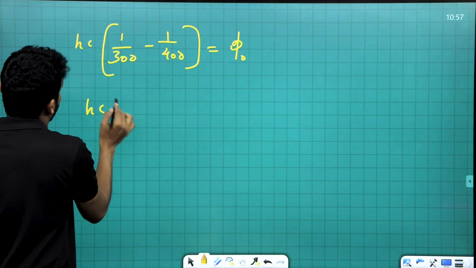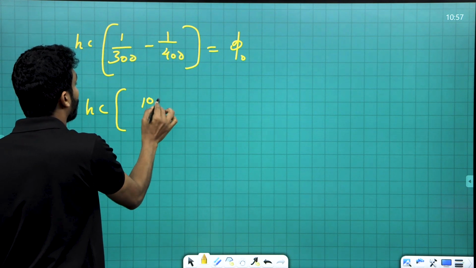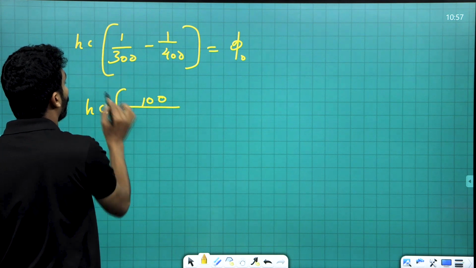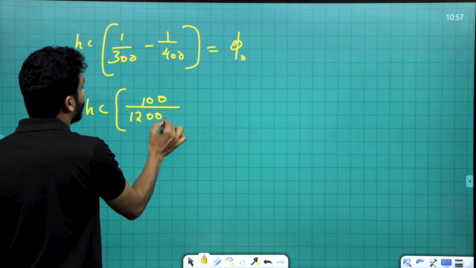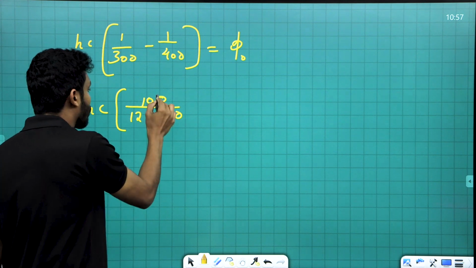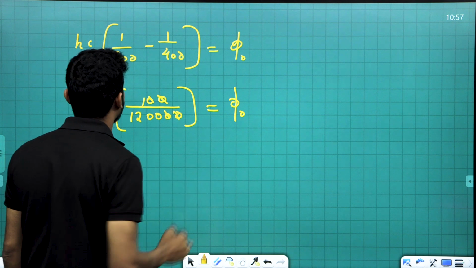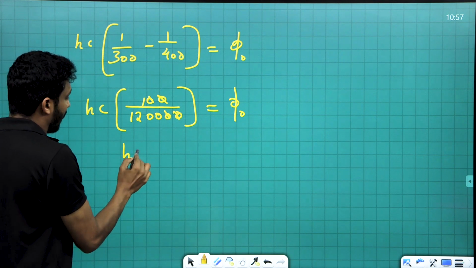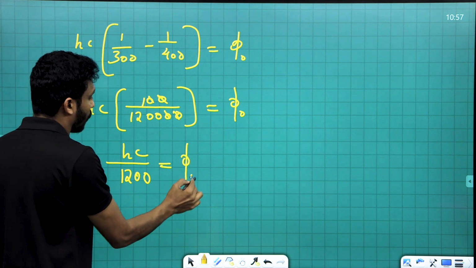Clear? It becomes hc into 400 minus 300, that is 100, divided by 400 into 300, that is 12 into 10,000. 2 zeros are cancelled. This is phi naught. Then it is hc divided by 1200 is equal to phi naught.